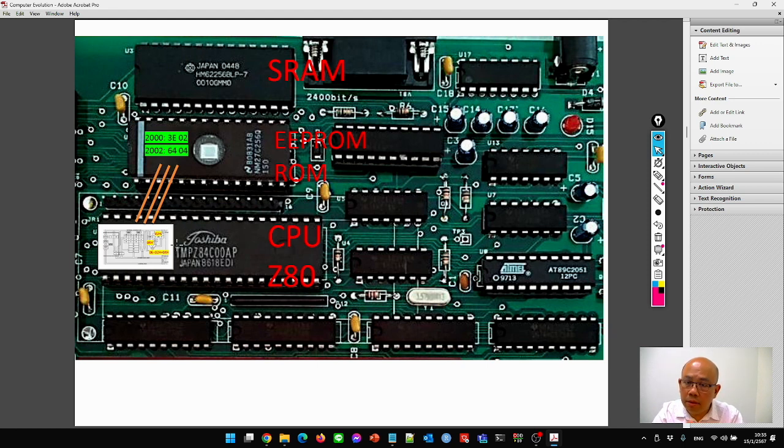This CPU is an 8-bit system. During its launch to the market, I think Intel launched the CPU named x86.